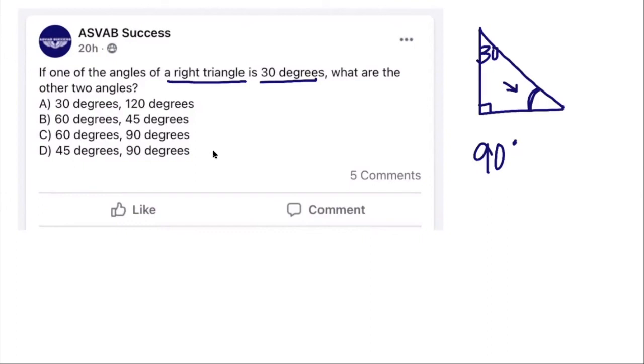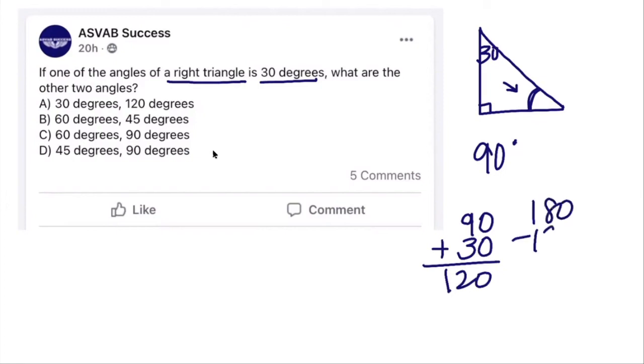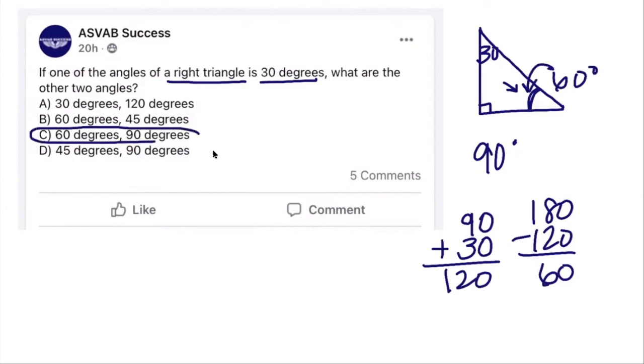So far, we know we have 90 and we have 30 in this triangle. That gives us 120. How much more do we need to get to 180? We can subtract, and that gives us 60 degrees, which means this angle right here is 60 degrees, okay? So our answer is going to be 60 and 90.